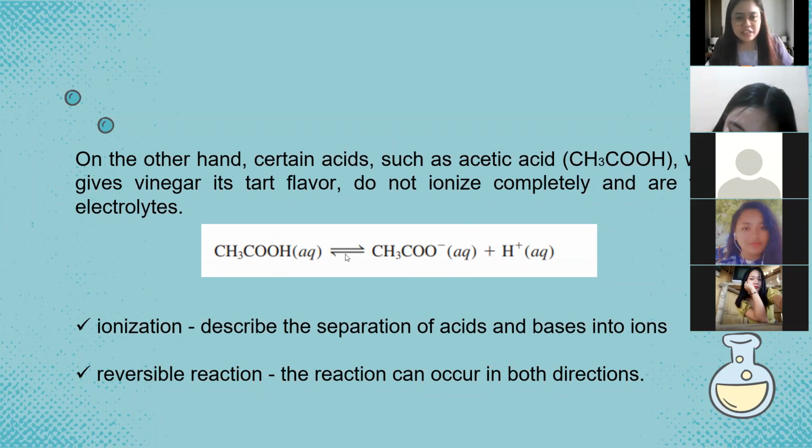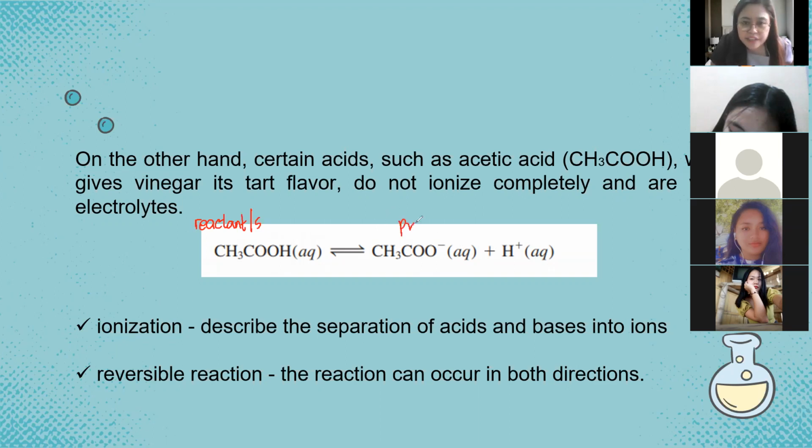Now, as you can see here, we have a two-headed arrow. Chemical reactions with a two-headed arrow, we call reversible reactions. Again, it is a reversible reaction. This part is our reactant, or reactants if there are many of them. This one is a chemical equation.